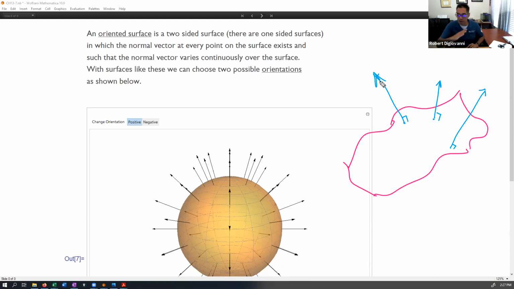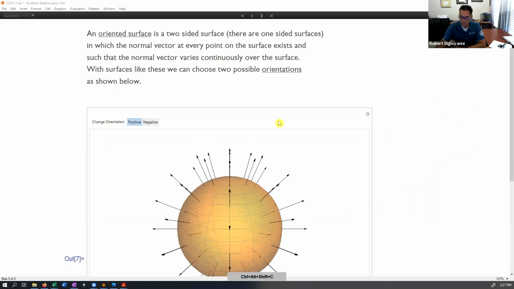Anywhere you move along that sheet, there's some normal vector, and as you move, the normal vector changes depending on the shape of the sheet. That's an oriented surface. When you have an oriented surface, there are two possible orientations, as we like to call them. We have positive orientation and negative orientation.